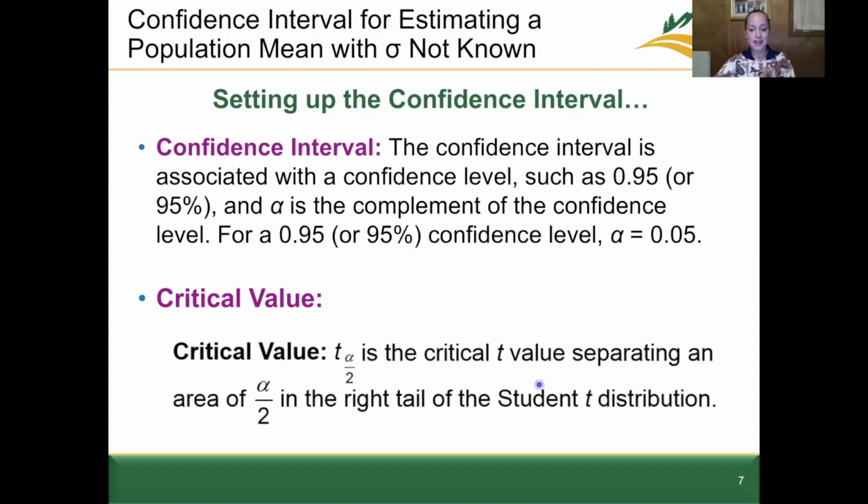Then within that student t distribution, we'll have an area on the right-hand side that's still alpha over 2. Then that line on the distribution that separates the rest of the area from the area of alpha over 2 is considered our critical value, but now with the notation of t subscript alpha over 2.